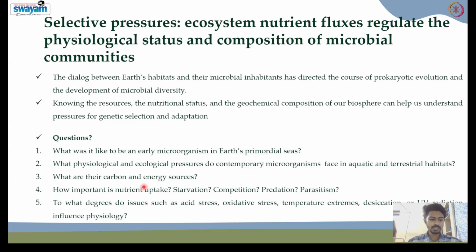So how is this nutrient flux happening in the ecosystem, and how is this adverse condition shaping the physiological status and composition of the microbial community? This is one of the important concepts that you need to know. Again, it tells us how the nutrition flux, that is, the transfer of carbon and energy sources, helps in maintaining the physiological status and composition of the microbial community.